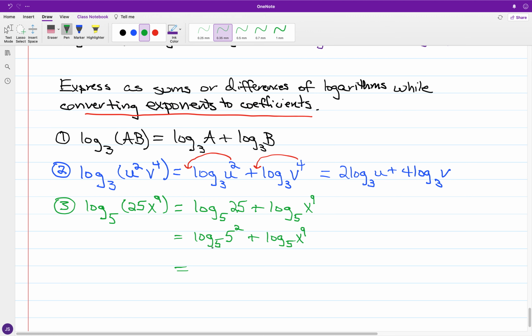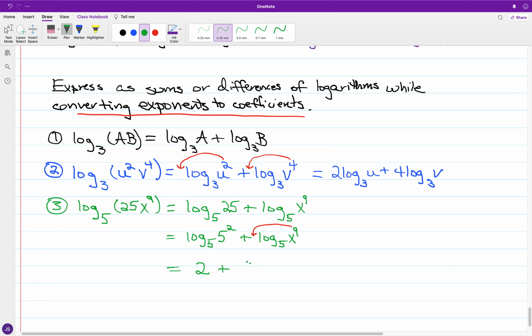And if you notice, the base 5 logarithm of 5 to the 2nd, guess what? That's going to go to the power, which is 2. And in the case of the base 5 logarithm of x to the 9th, that 9 is going to be a coefficient. So in this expansion, I'm going to have 2 plus 9 times the base 5 logarithm of x.